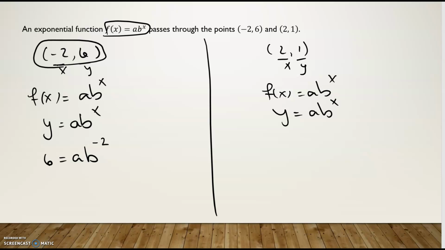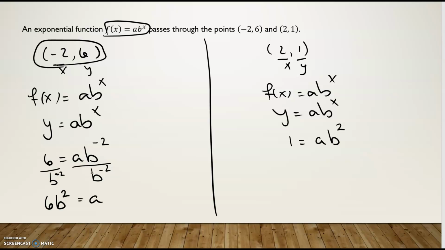So that would be 1 is equal to a times b raised to 2. For this one over here, I'm going to solve for a. So we're going to divide both sides by b raised to -2. That -2 is going to push it up, so that would be 6b squared.